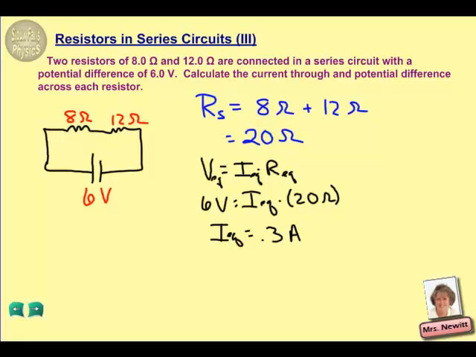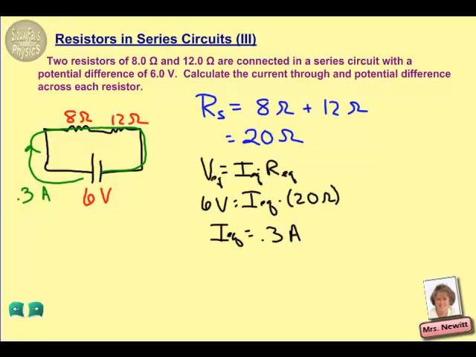Now notice that that would be then 0.3 amps of current, or 0.3 coulombs per second, leaving the battery. In a series circuit, that charge has only one possible path, and that includes both resistors.